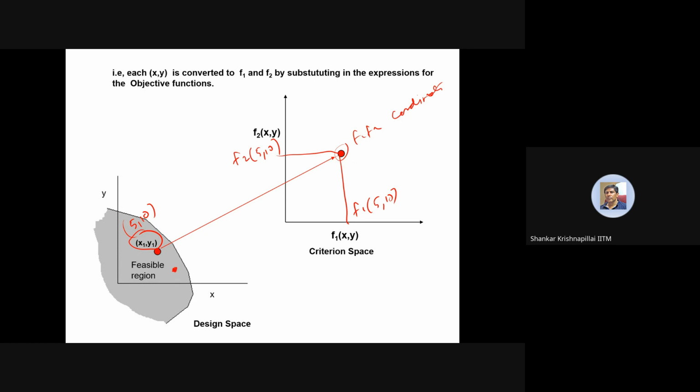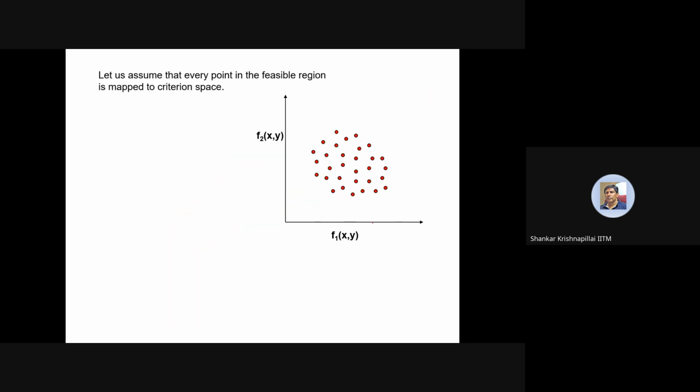Another point is there, like (1, 2). Here you find f1(1,2) and f2(1,2), so this point is transferred here. In this manner, every point here is converted to f1, f2 coordinates.